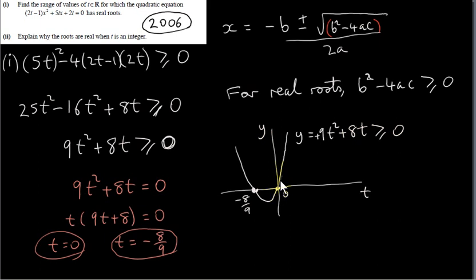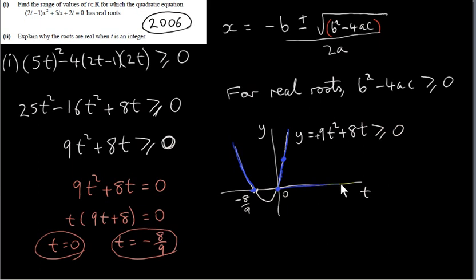So the part of the graph for which the y values are greater than or equal to 0 is indicated here. If you take this point here, the y value is greater than 0. Now we include these points. As for these points, y is equal to 0. So we can have y greater than or equal to 0.